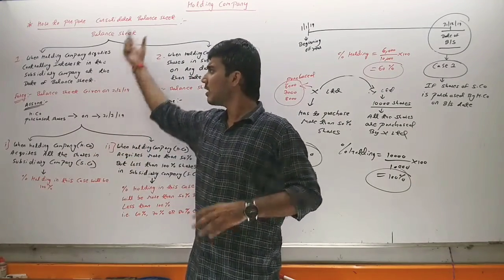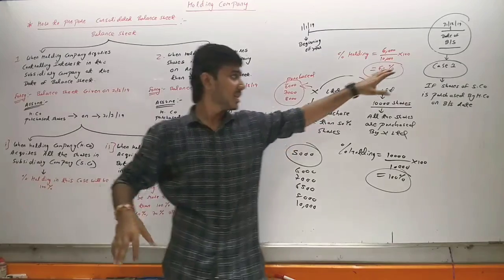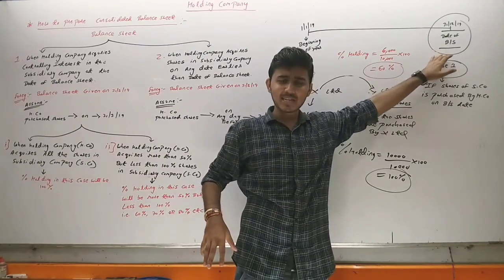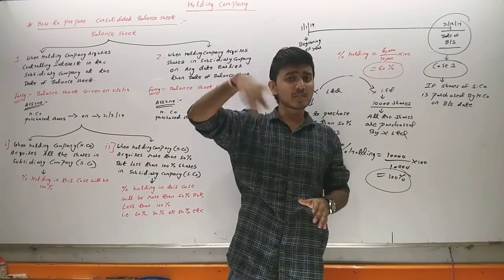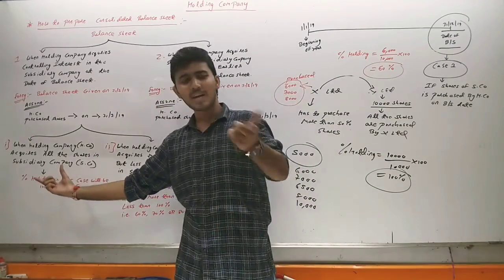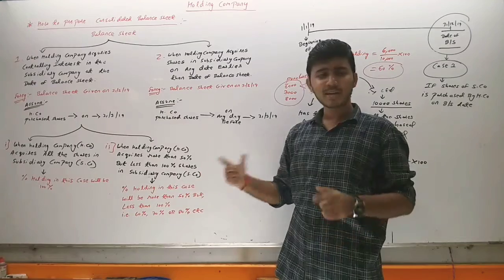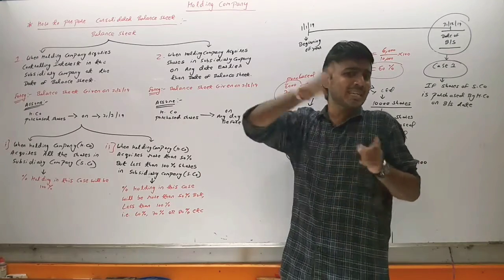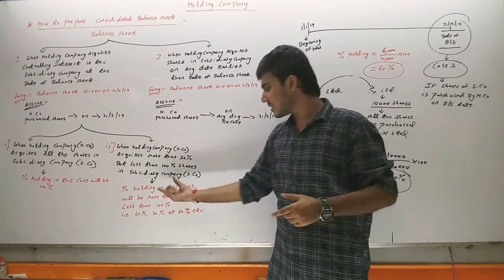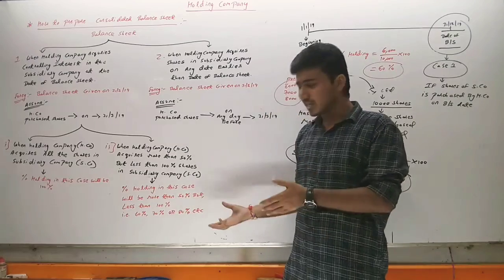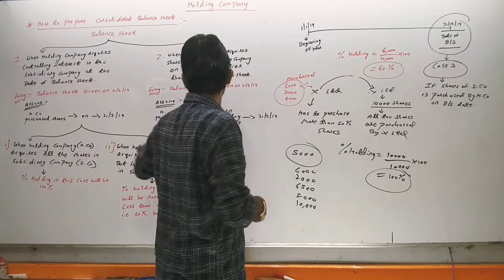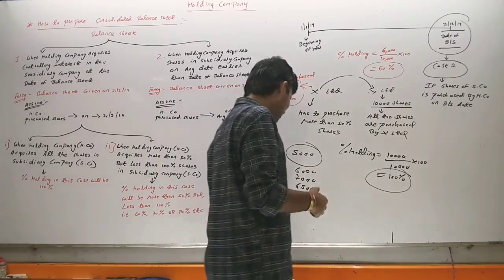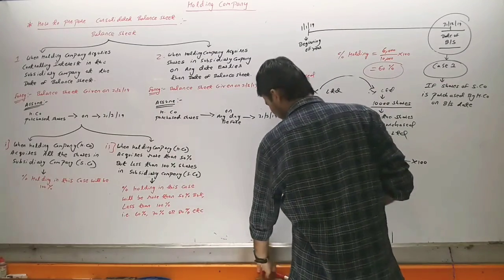So case number 1 is when the holding company purchases the shares of the subsidiary company at the balance sheet date, whether all the shares. If the holding company purchases all the shares, percentage holding will be 100%. If the holding company purchases more than 50% shares, less than 100%, in that case percentage holding will be 50%, 60%, 70% or 80%. Okay, so this is our case number 1 and we have seen the two parts of case number 1.